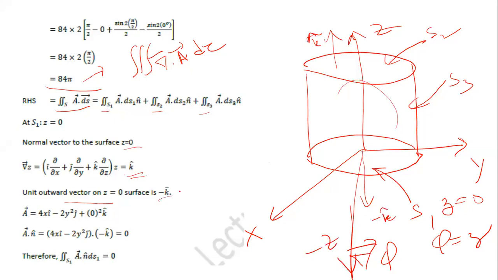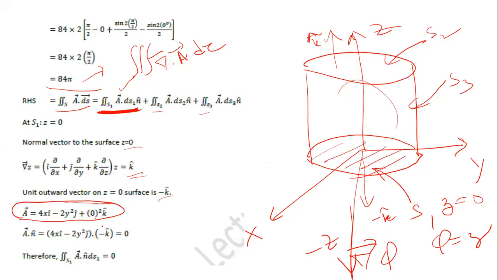So you just put all these values in, and then I know that we are going to perform the integration of this vector field over this surface, z equal to 0. That means you have to put in the vector field. The vector field on this surface will be like this, because on this surface your z value is 0.